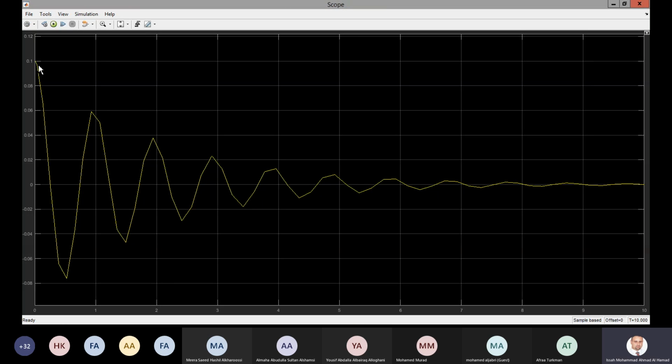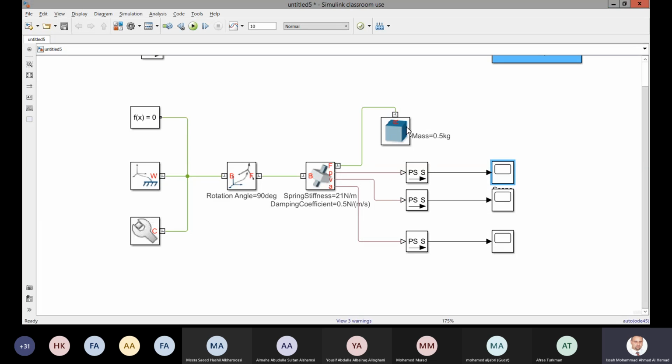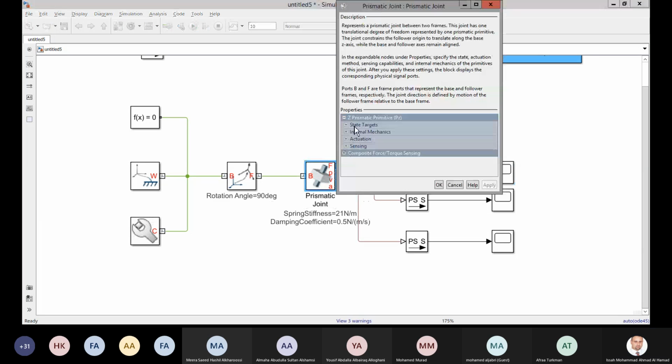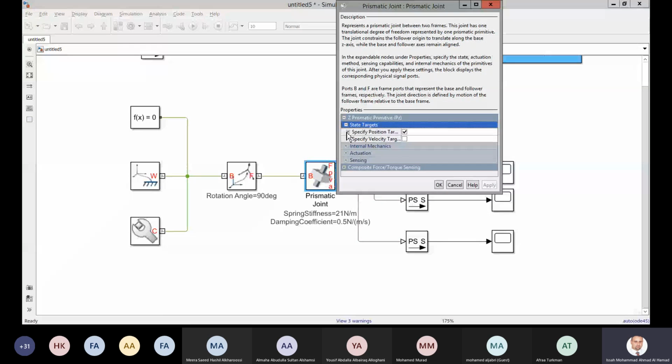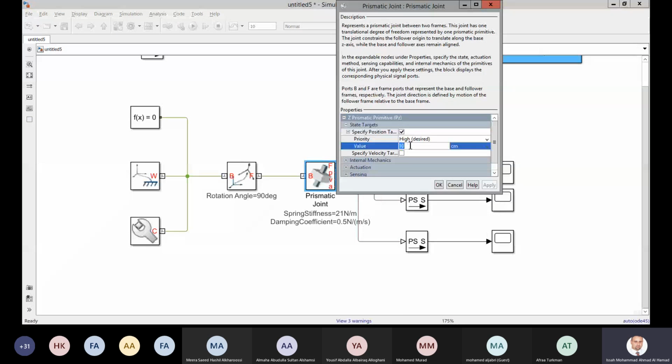Okay, so let me show you now what will happen if the spring was not stretched 10 centimeters, but compressed 10 centimeters. Now remember, it started from the 10 centimeter position. This is 0.1, it means 10 centimeters. So what happens if we compress the spring 10 centimeters instead of stretching it? We just change it to -10 and apply.